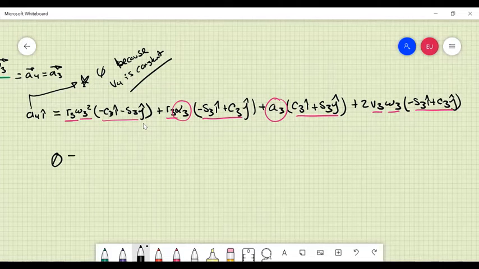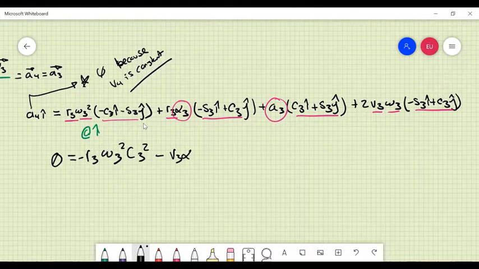So 0, and I can start splitting this into two components so I can save some time. Horizontally, I have R3 omega 3 squared cosine of theta 3. This is negative.